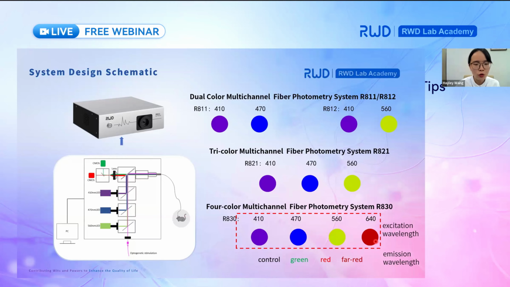In addition, our full fiber photometry system also includes 640 nanometer excitation, which is used for the far red fluorescent signals. So we can provide various models of fiber photometry system, like the dual color, tricolor, and the four color. And our system is equipped with 2 built-in CMOS cameras, and is also compatible with the same site optogenetic stimulation.